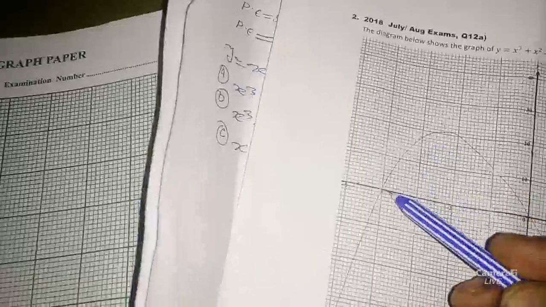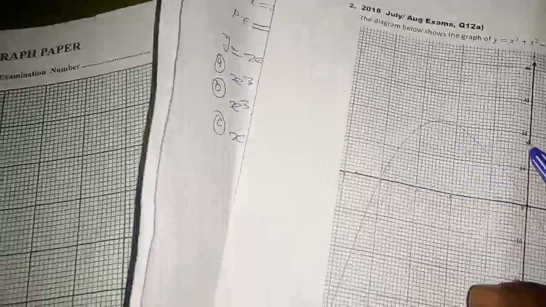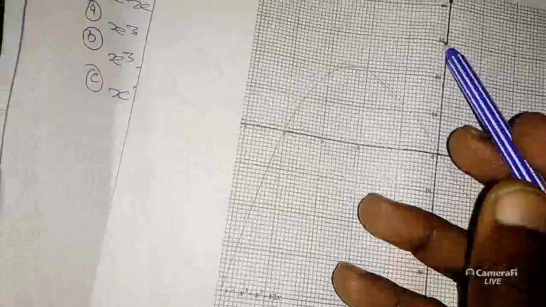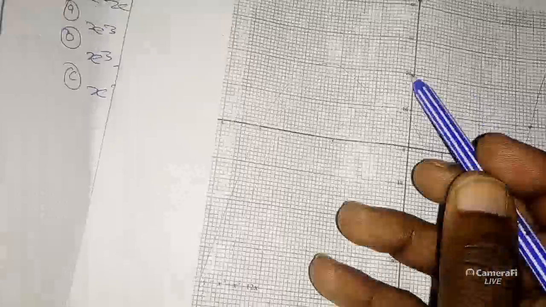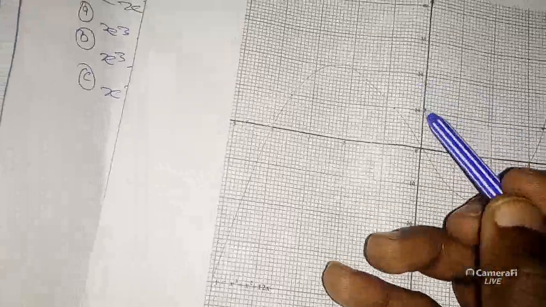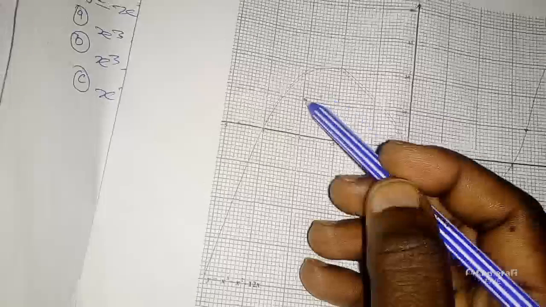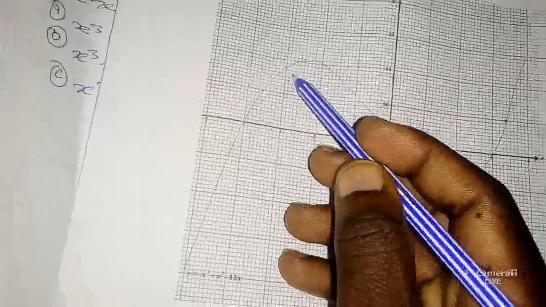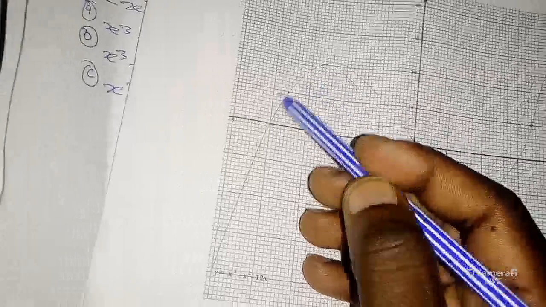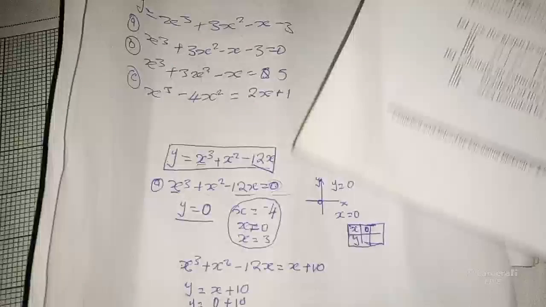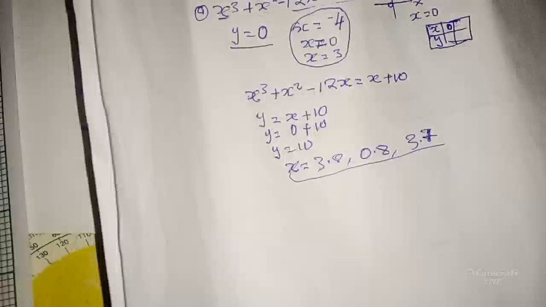So you can record those points. -3, there, and you can take this coordinate -5.